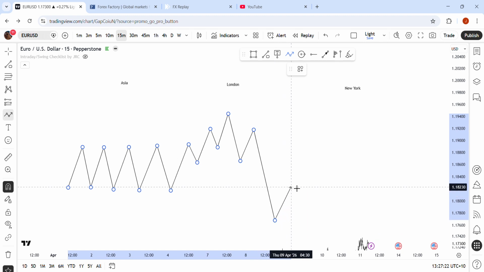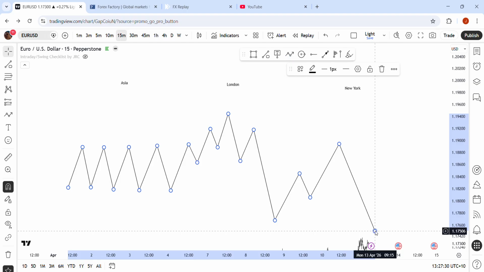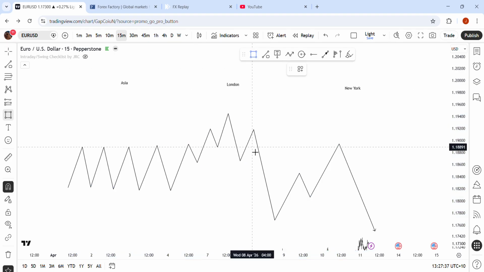But then during New York session, what you'll find is price pulls back for a continuation of that trend, because New York also has a lot of volatility entering the market, same as London.